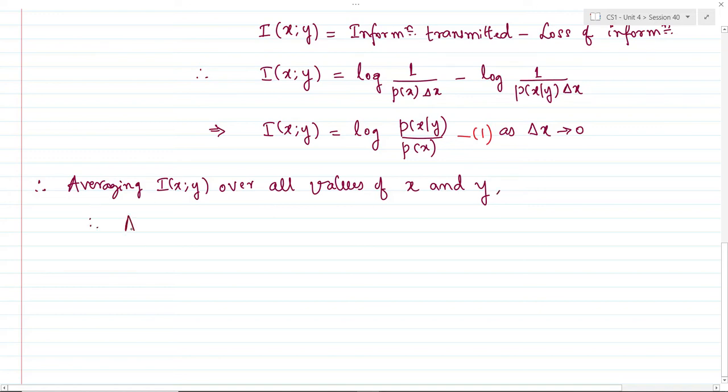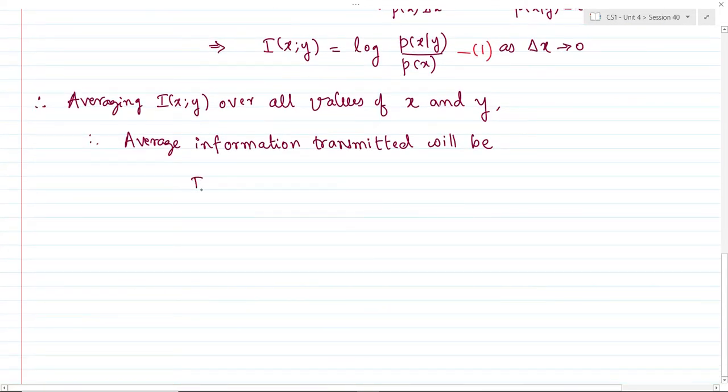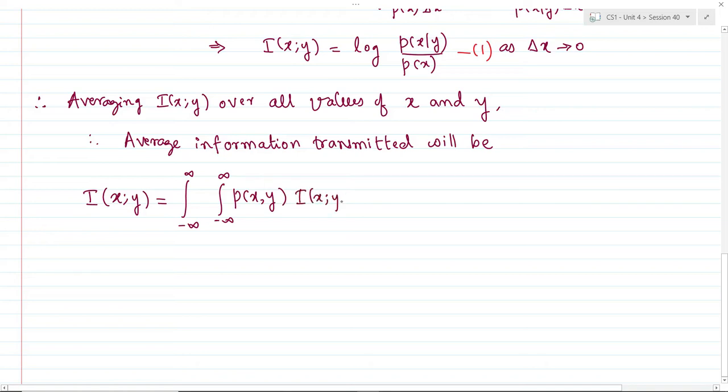So the average information transmitted will be, okay, this is the average amount of information, I of xy averaging over all x's and all y's: the joint probability density P of xy times I of xy dx dy.